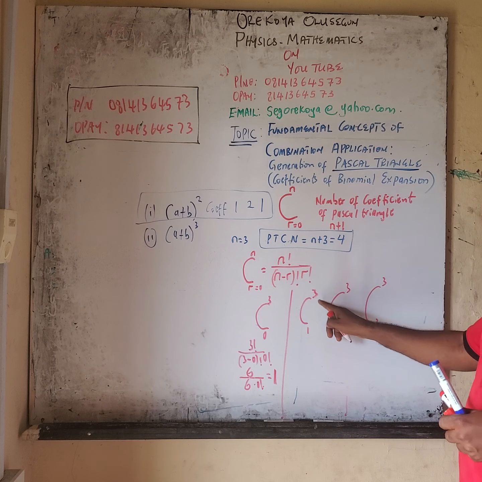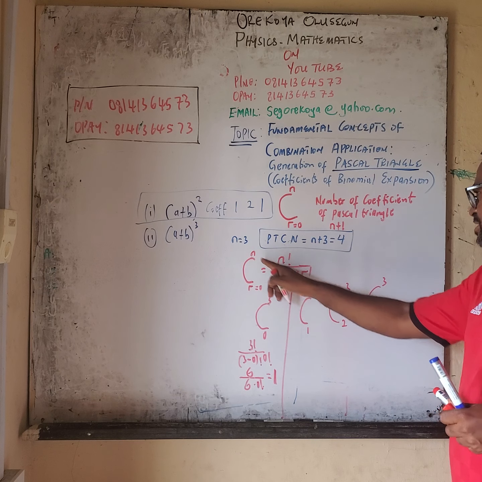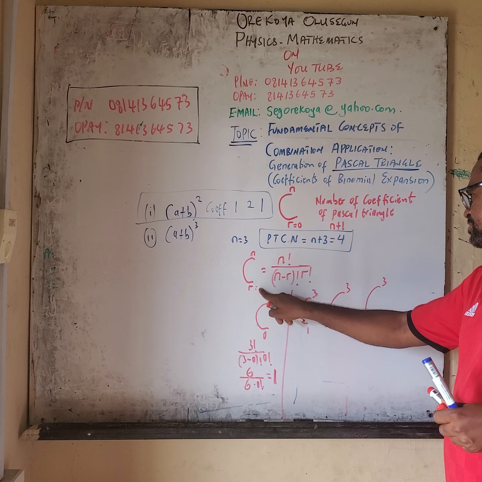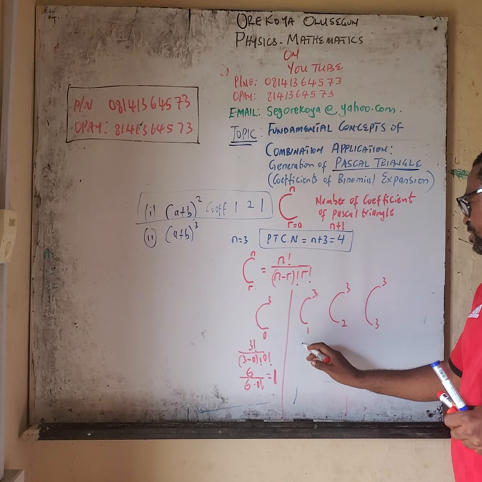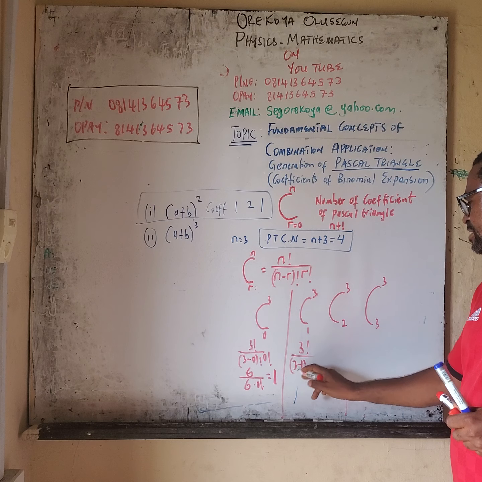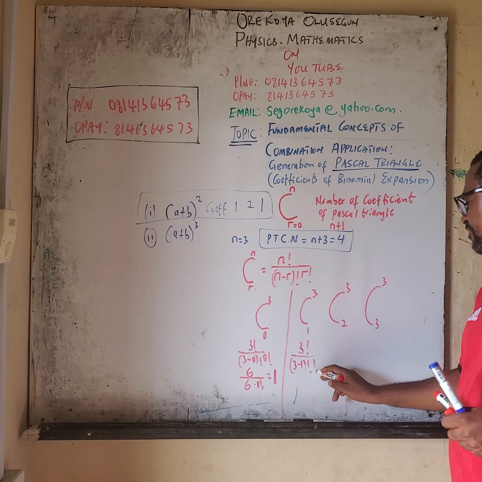Now, we move down to this place. In this case, our n is 3 and our r is 1. So I'm going to have 3 factorial all over 3 minus 1 factorial, then 1 factorial.